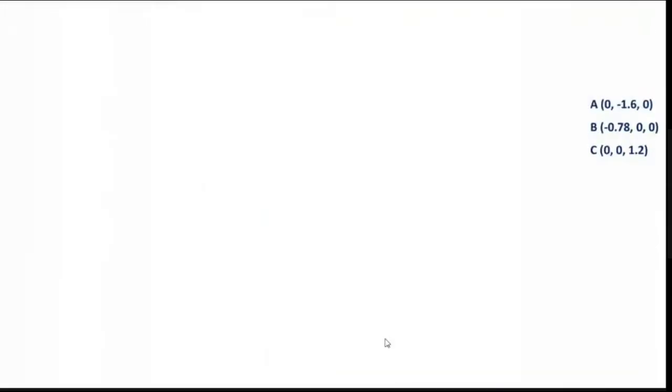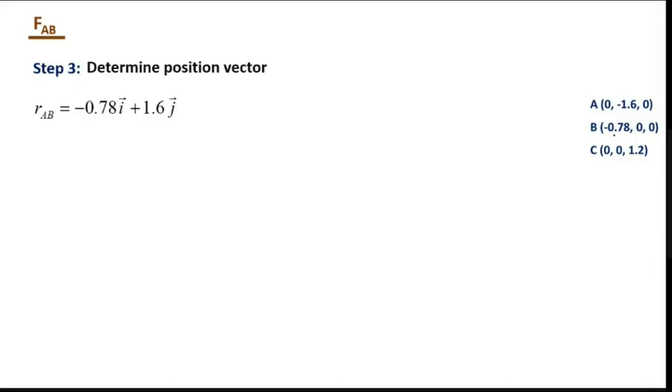Let us consider the first force, force AB. You have A point and B point. I have written it here separately. B coordinate minus A coordinate is the first step. So B minus A: minus 0.78 minus 0, so minus 0.78 i vector, 0 minus of minus 1.6, so plus 1.6 j vector. This is 0. So this is my RAB.